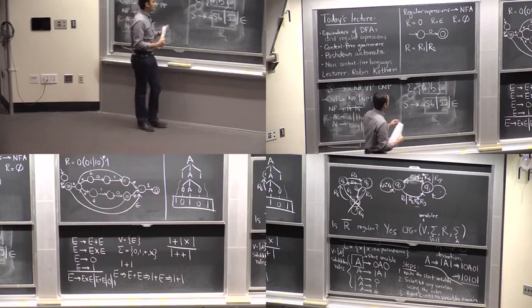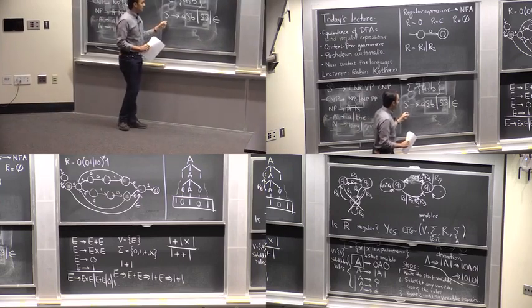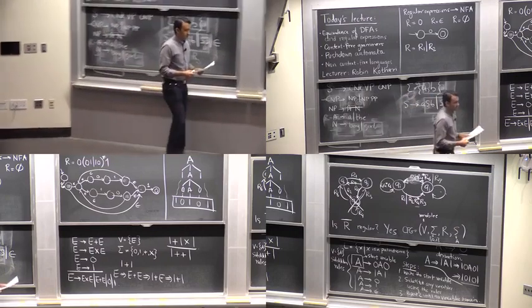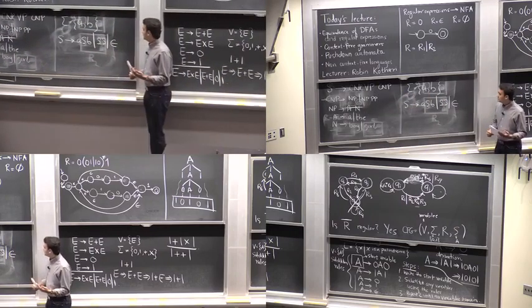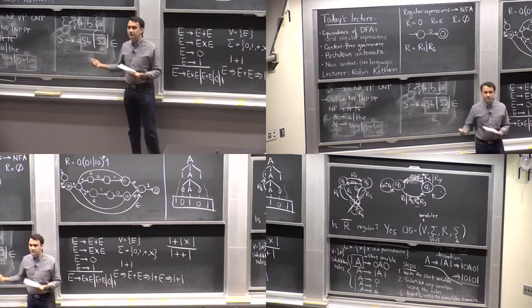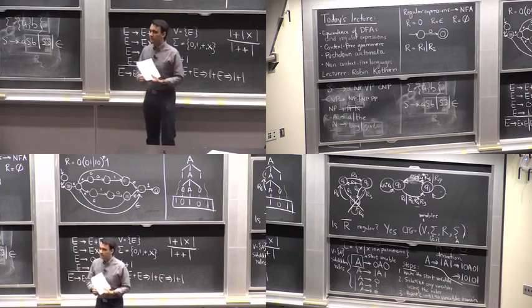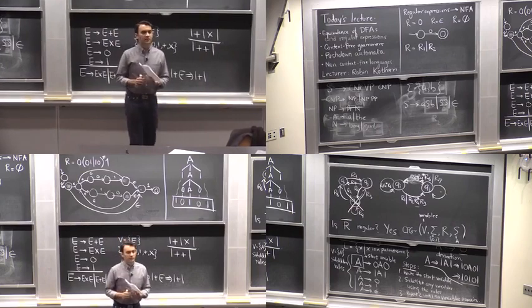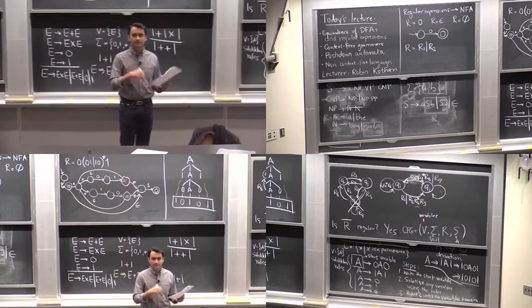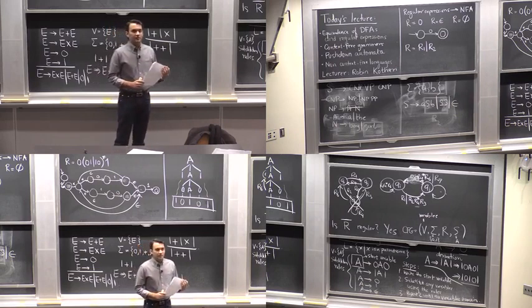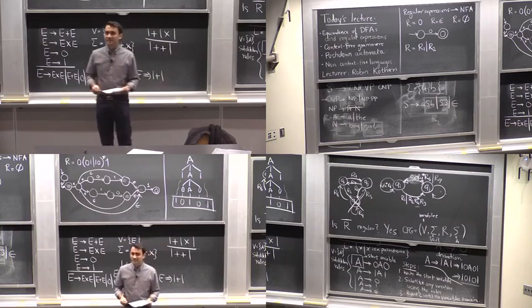OK, so can anyone describe in words to me what this context-free grammar is expressing? Let's just throw out some ideas and give me some examples of things that the context-free grammar accepts, or what is it trying to do, or what kind of strings can you generate with this? Just throw out an example, an explanation, half-baked idea, random thoughts. Yep, go ahead.